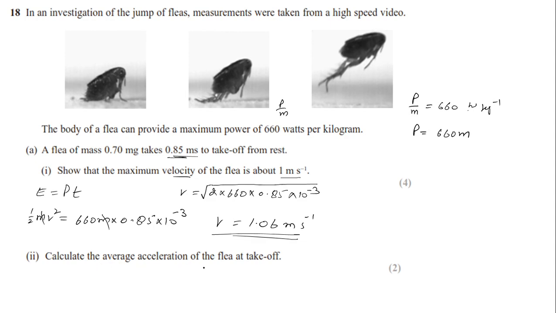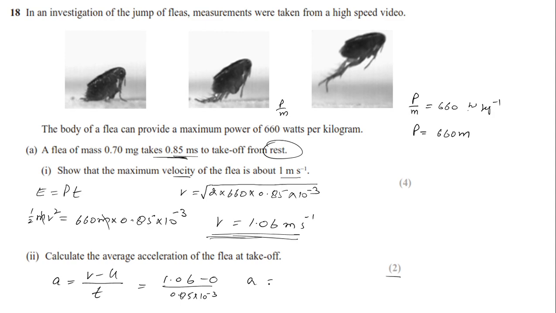Calculate the average acceleration of the flea at takeoff. Indeed, this is the maximum velocity gained, and it is starting from rest, and time is also given, so it's quite an easy and straightforward question. Acceleration is v minus u upon t, so 1.06 minus 0 divided by 0.85 into 10 to the power minus 3.